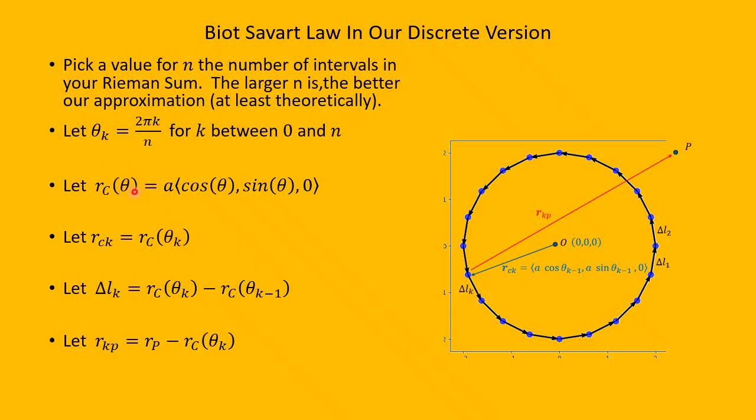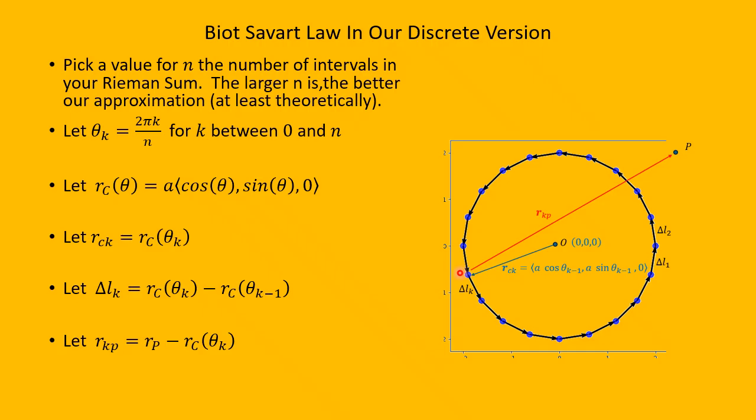R sub c was up here. So if we look at this picture right here, r sub ck is the vector that goes from the origin of our three-dimensional rectangular coordinate system over to this point here for this kth little subinterval along this circle. We'll let delta L sub k be r sub c of theta sub k minus r sub c of theta sub k minus 1. This thing is a vector.